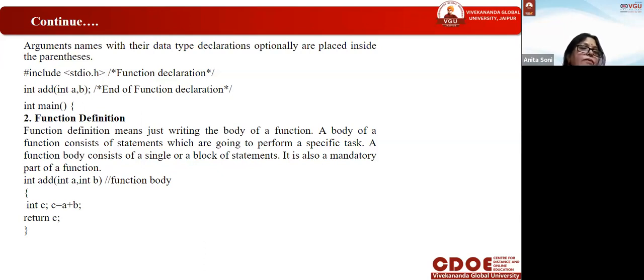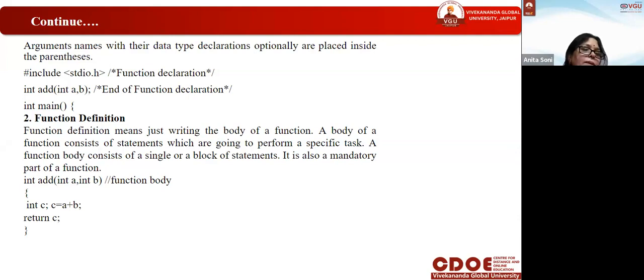So see, first you have declared a function: a return type, the name of the function, and the argument list. In the called function, you have written the body of the function. Inside the body, you have declared a variable c and you are storing the result of a plus b in variable c.